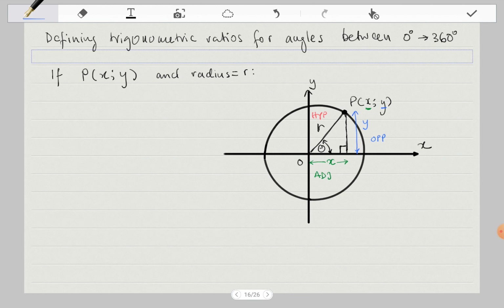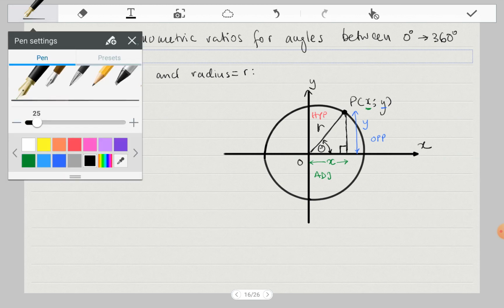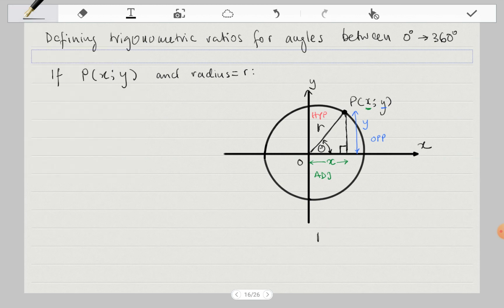Now let's look at the trigonometric ratios for this quadrant, which is your first quadrant. If we evaluate the trigonometric ratios, sine of the angle theta would be the opposite over the hypotenuse, which gives y over r.